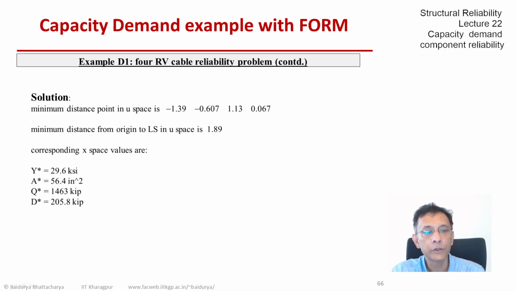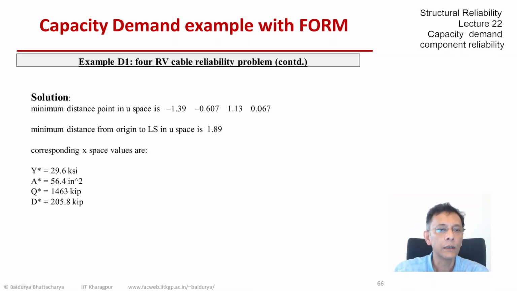The minimum distance point in U space for the yield is about 1.4 times the standard deviation below the mean. For the cross-sectional area, it's also about 60% of a standard deviation below the mean. For the loads, they are above the mean. The dead load is almost at the mean.